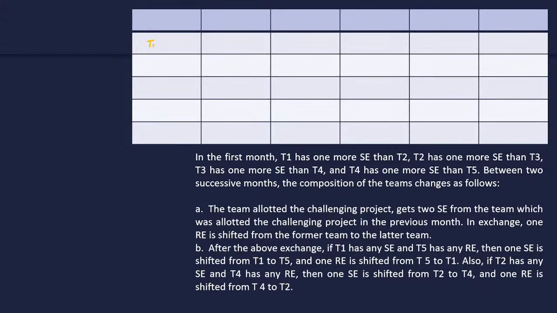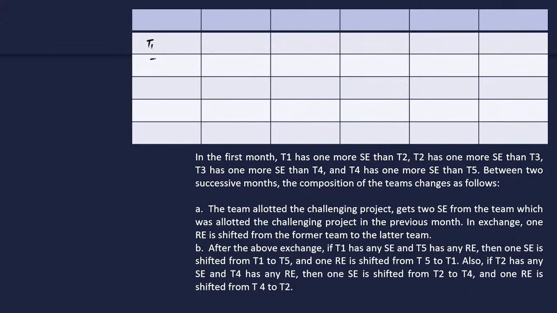So T1, T2, T3, T4 and T5, right? And then first month, second month, third month, I think color थोड़ा सा visible नहीं है तो इसको change कर लेते हैं.